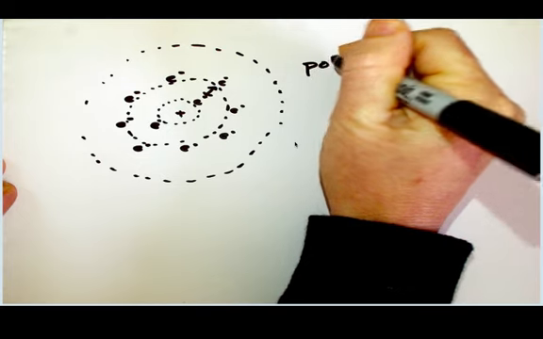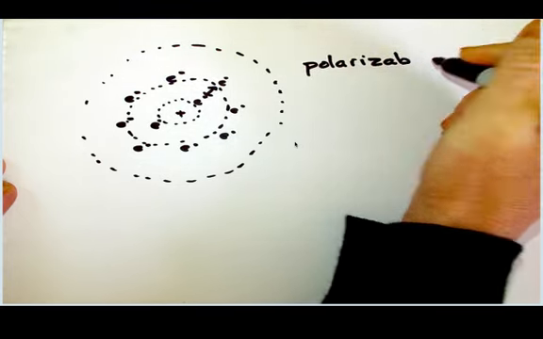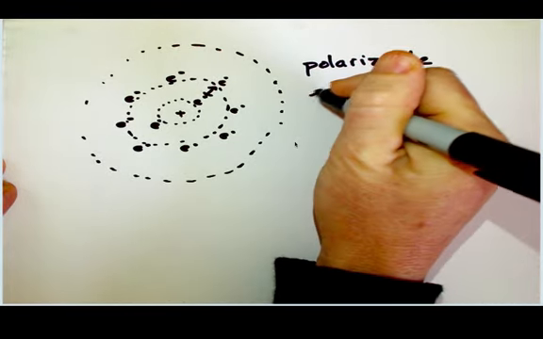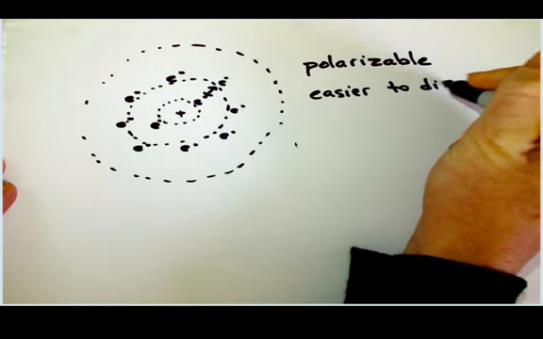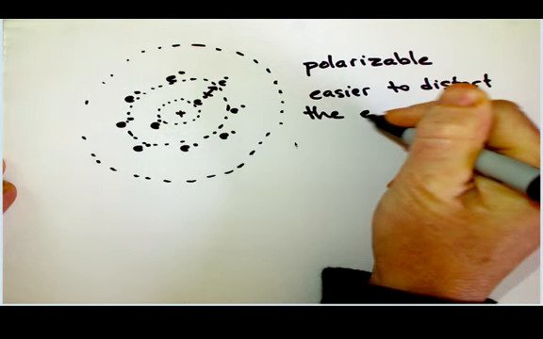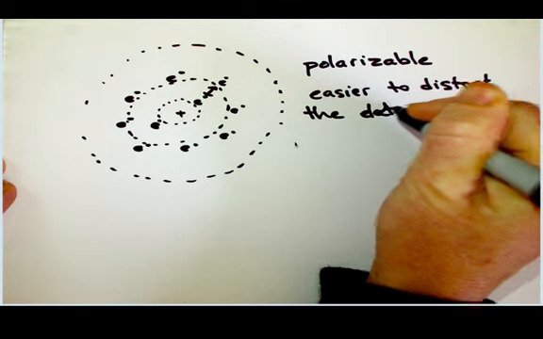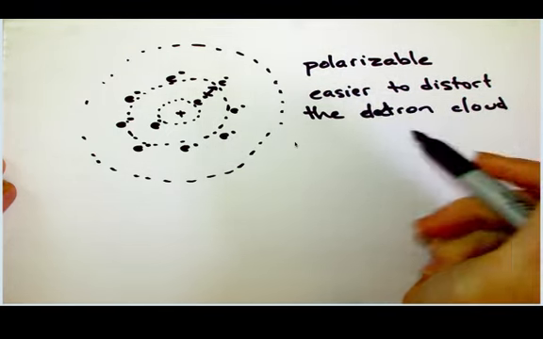So we're more polarizable. And what this means is that it's easier to distort the electron cloud.